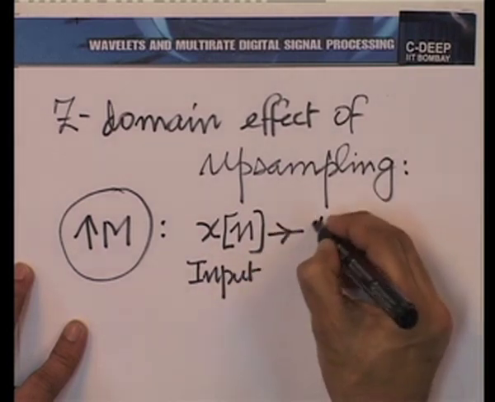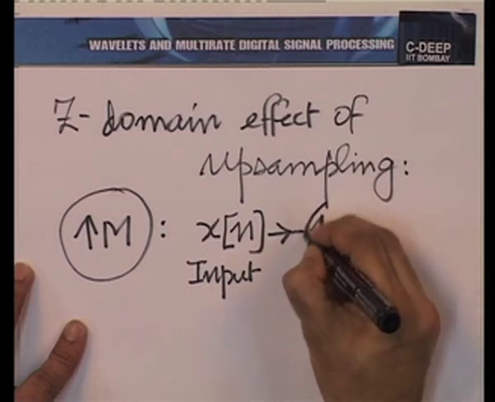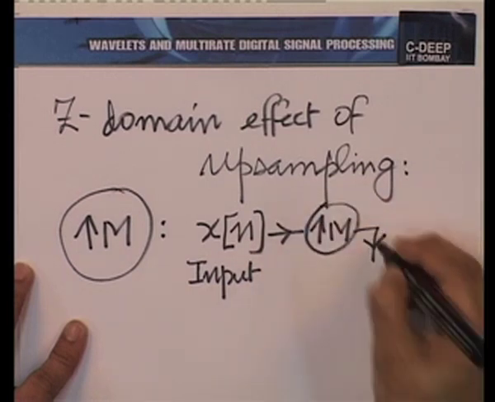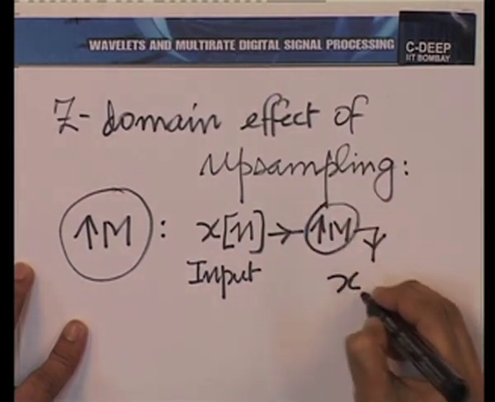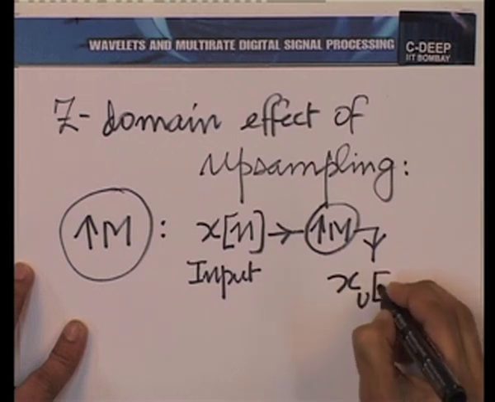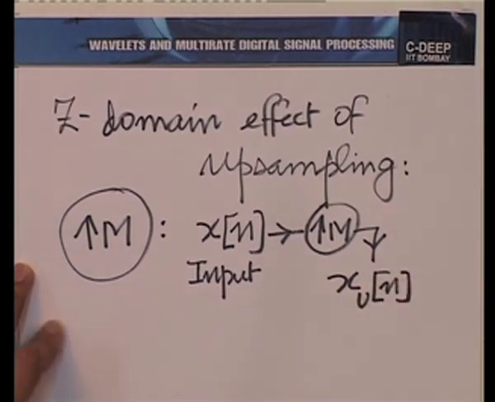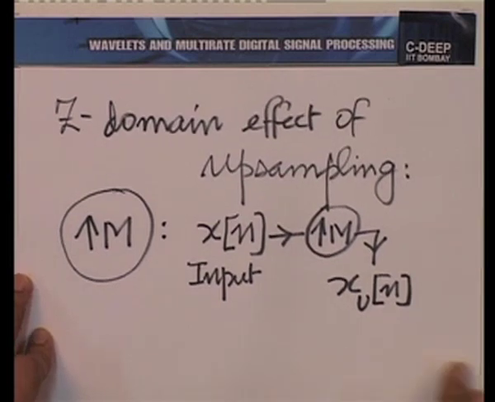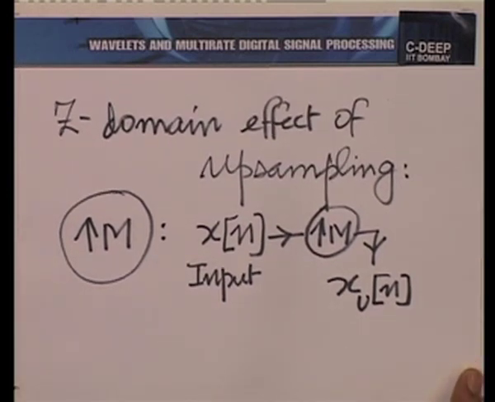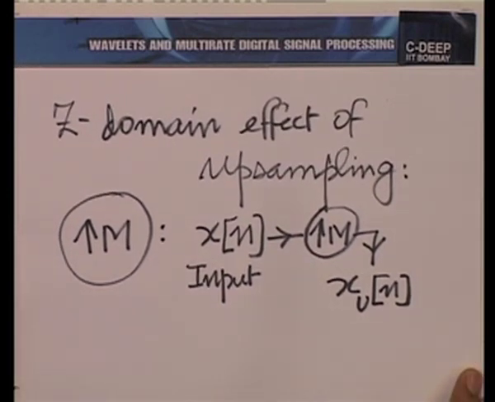After upsampling by m, let the sequence become x u of n. Now, we can write down x u of n explicitly in terms of x of n. In fact, instead of doing that, let us straight away go into the Z domain. Let us consider the Z transform of x u n.